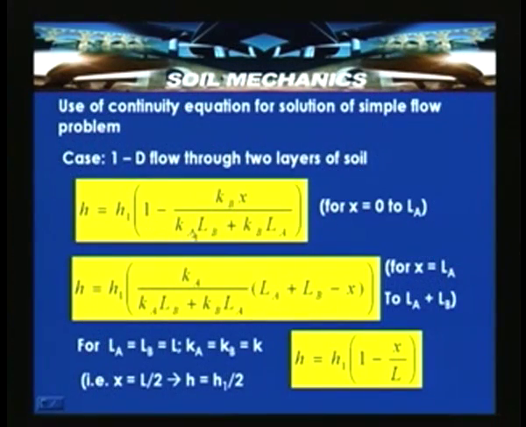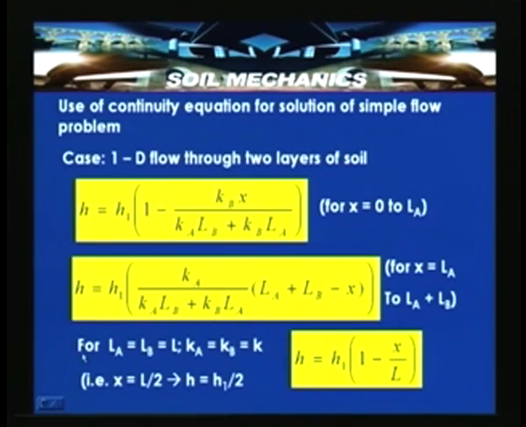For x is equal to 0 to LA, we get the expression h is equal to H1 into (1 minus Kb x by (Ka LB plus Kb LA)). Similarly, for x is equal to LA to x is equal to LA plus LB, h is equal to H1 into Ka by (Ka LB plus Kb LA) into (LA plus LB minus x).